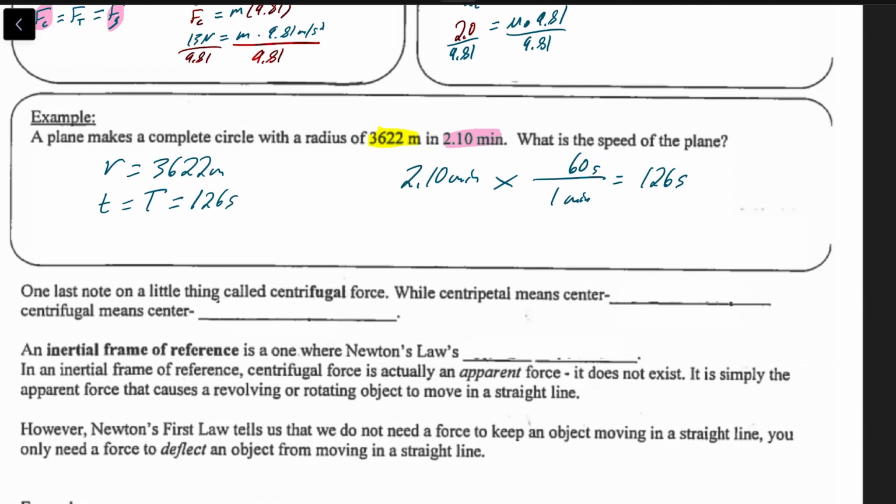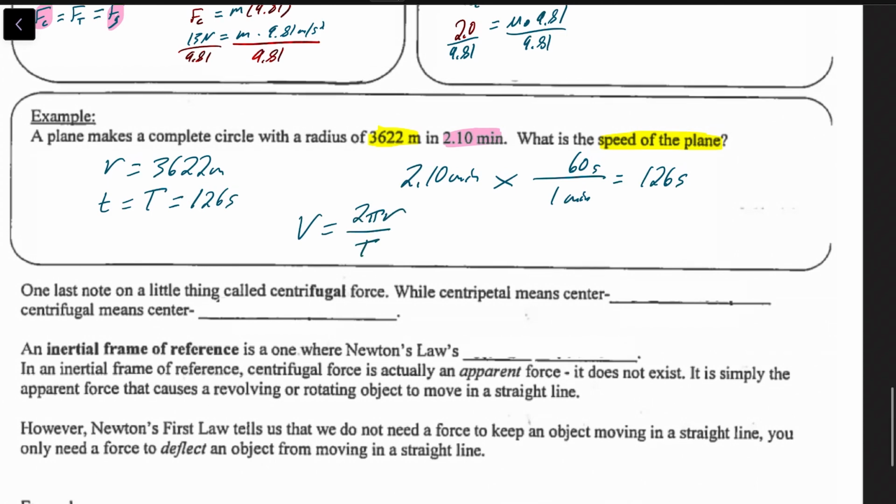And here, what is the speed of the plane? They're not asking for centripetal acceleration or centripetal force, just the speed of the plane. We saw at the beginning of these notes that the speed is equal to the circumference of the circle that the plane traveled divided by the period, the time it takes to travel that circumference.